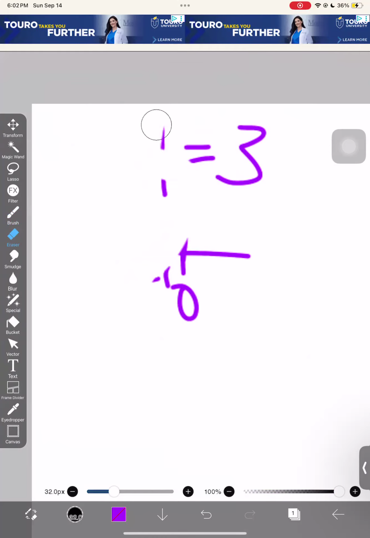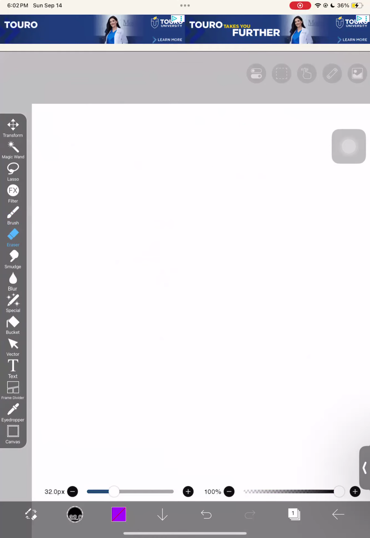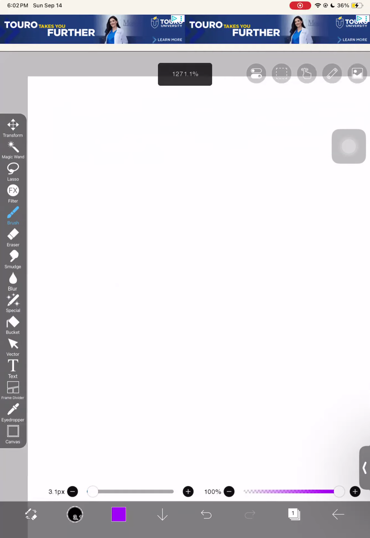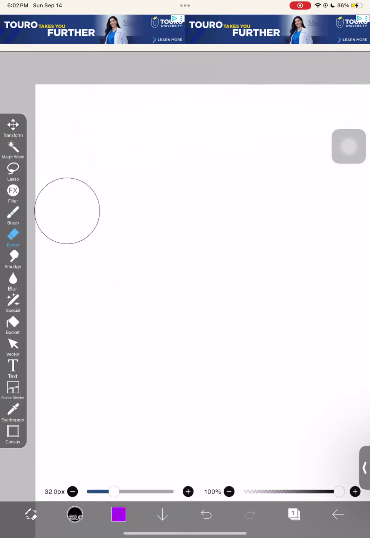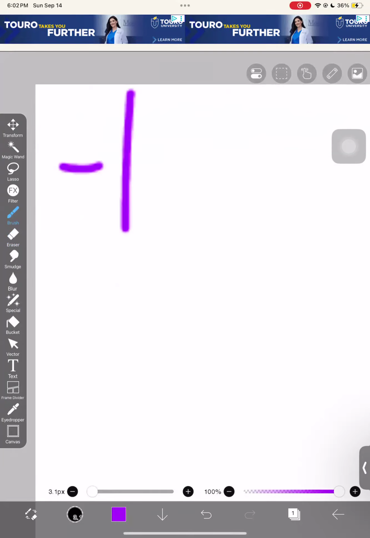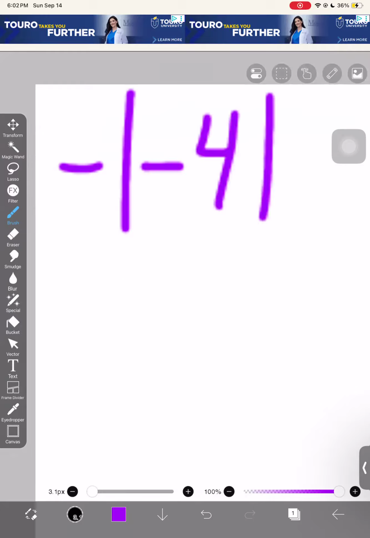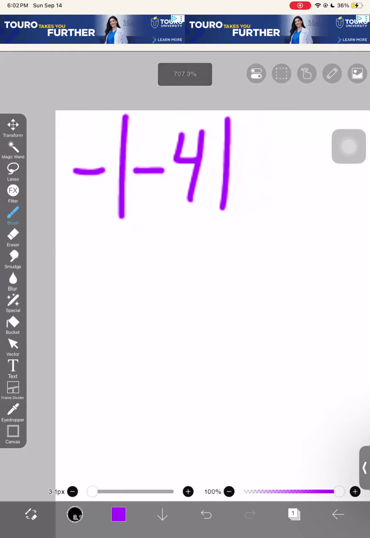Okay. And I want you to treat absolute values just like parentheses. So if we have something like negative, absolute value of -4, what we do first is, well, what's the absolute value of -4?